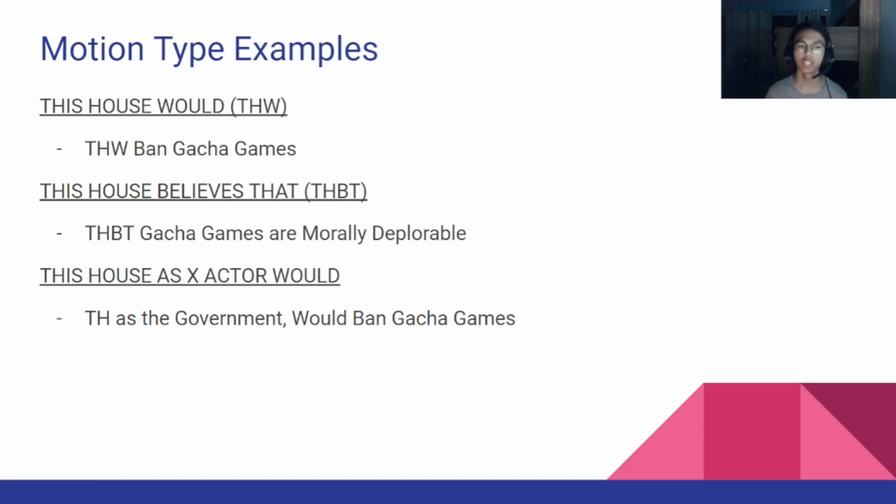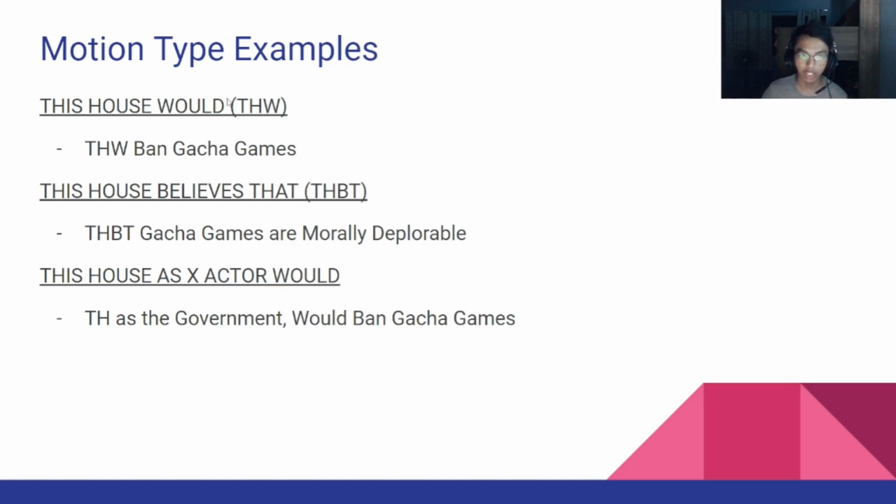I prefer to think of the house as a sort of abstract body that has the ability to carry out certain things, has a consciousness, has a mind that can support or not support things. But I don't want to associate the house with any specific real life actors, just to make the premise of the debate as agreeable as possible so that the debate becomes clear and the teams become engaging. That being said, let's talk about a few different kinds of motions.